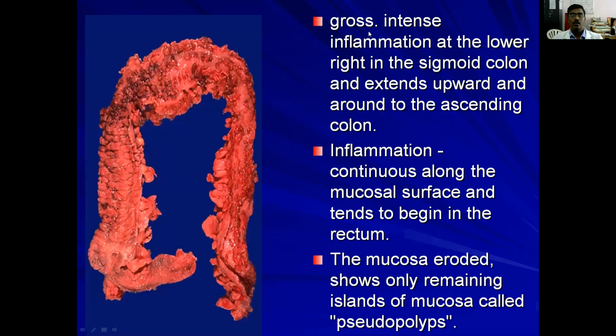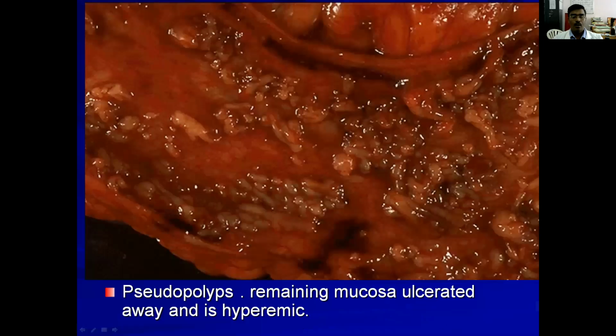It also has intense inflammation in the sigmoid colon that extends upward and around to the ascending colon. Inflammation continues along the mucosal surface and tends to begin in the rectum. The eroded mucosa shows only remaining islands of mucosa called pseudopolyps, which are just inflammatory polyps. The remaining mucosa is ulcerated and hyperemic.